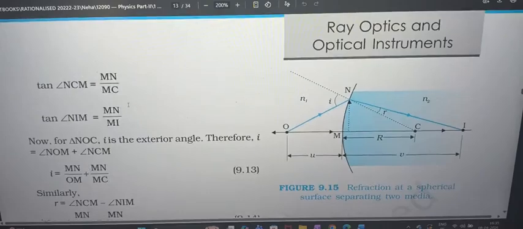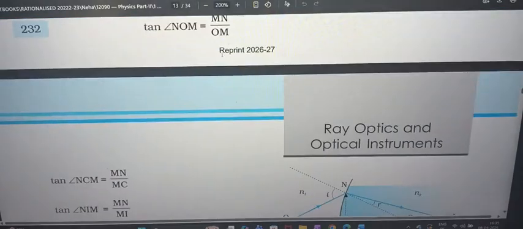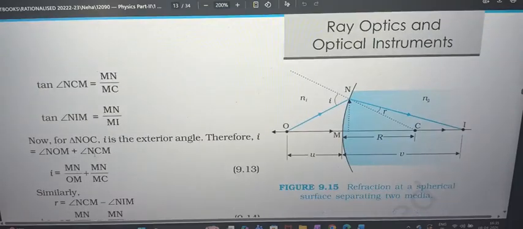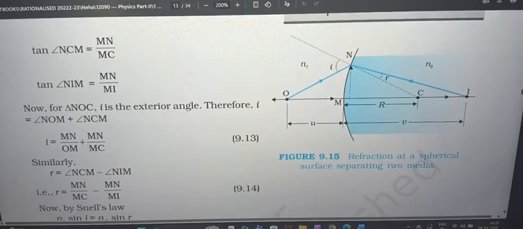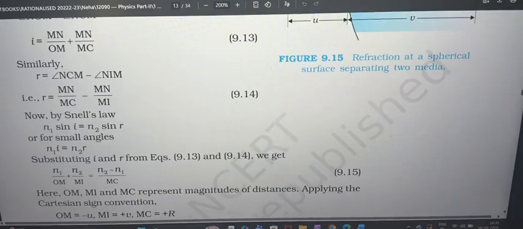Now tan NOM value we got as MN by OM. Then NCM value is MN by MC, because we are approximating it to NCM since it's a small angle, no need to write tan. So directly NCM and NOM values we have substituted, and here also NCM and NIM values we have substituted. Now put that in these values.